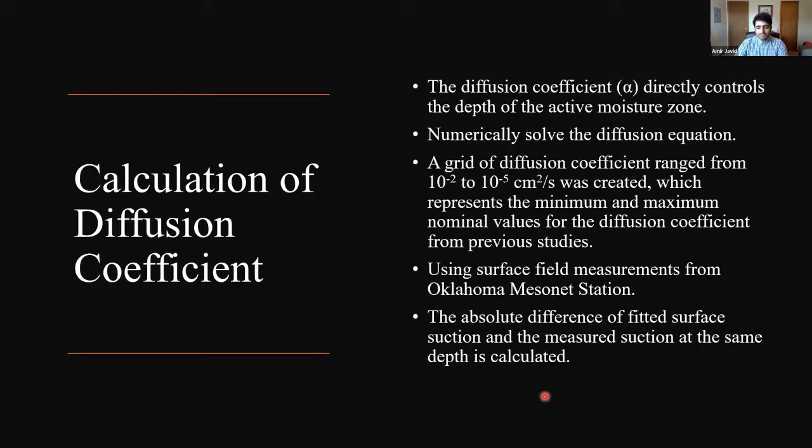The absolute difference of these two changes as we change alpha. And if the absolute difference in our study becomes less than 0.1, then we consider that alpha as the estimated alpha for our time and depth of measurement.